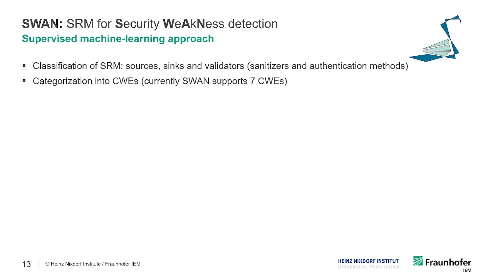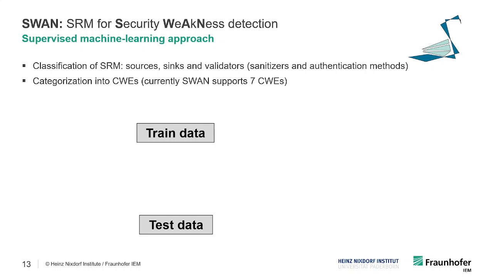Then it is important that we define every method as a data point in our machine learning. So we are classifying methods, and for this we need two types of data. So we need training data and test data.